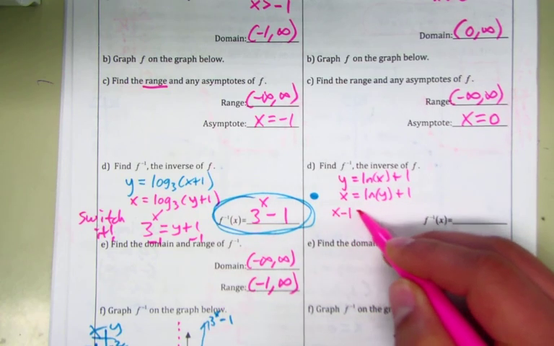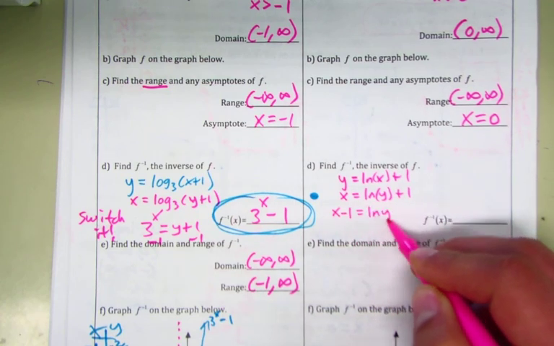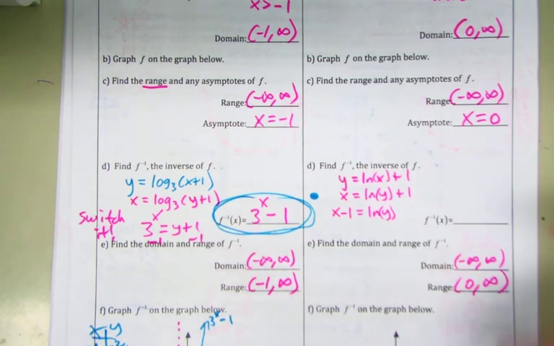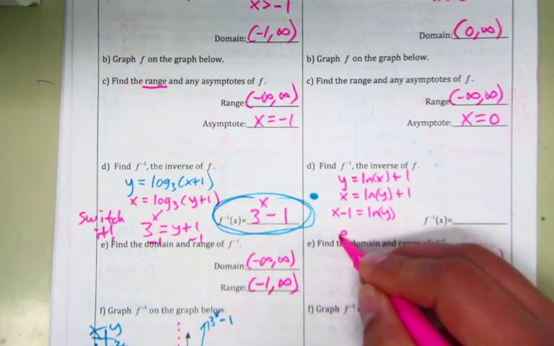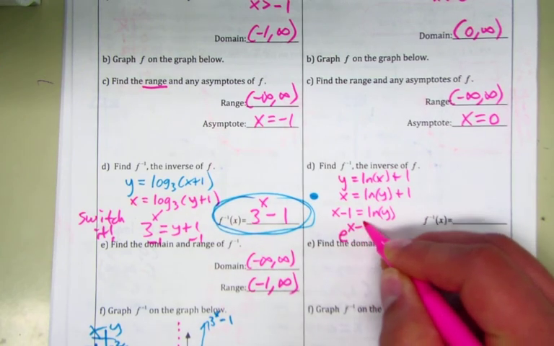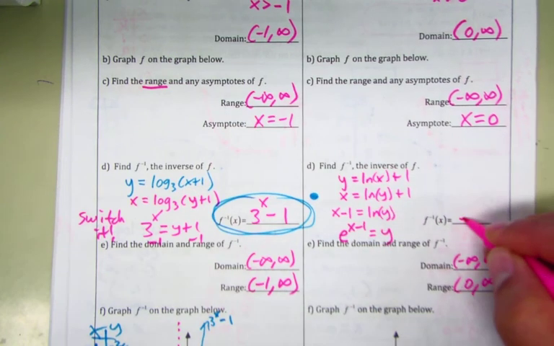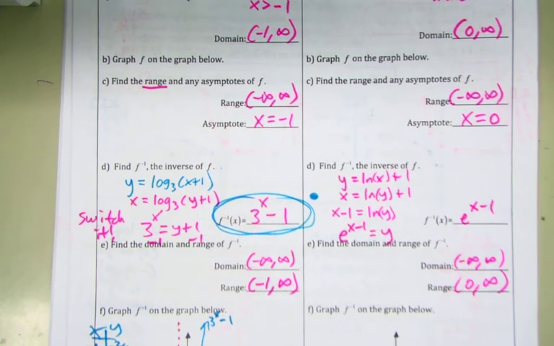So x minus 1 equals ln of y. Now there's nothing else I can do to get rid of the log. So at this point when we're stuck, we do what? You switch it to exponential form. So what is it? E. There you go. And we're done. That's our inverse.